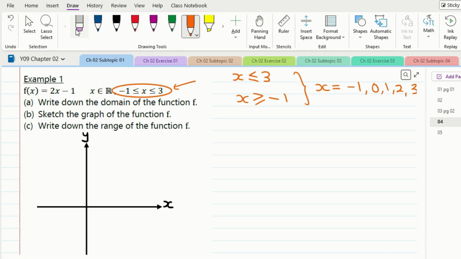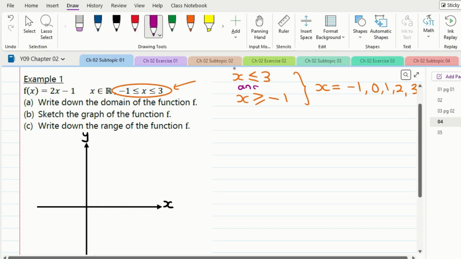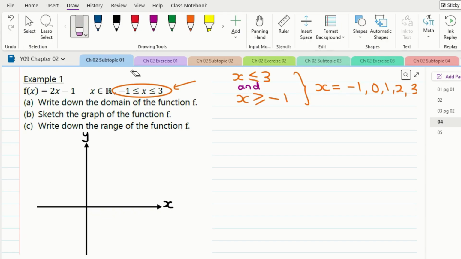But then the notation or abbreviation for both situations, x is less than 3 and x is more than or equal to -1, the abbreviation is this one. So learn how to use this, and you will see it again in your mathematics. Alright, so that's the meaning of this notation.